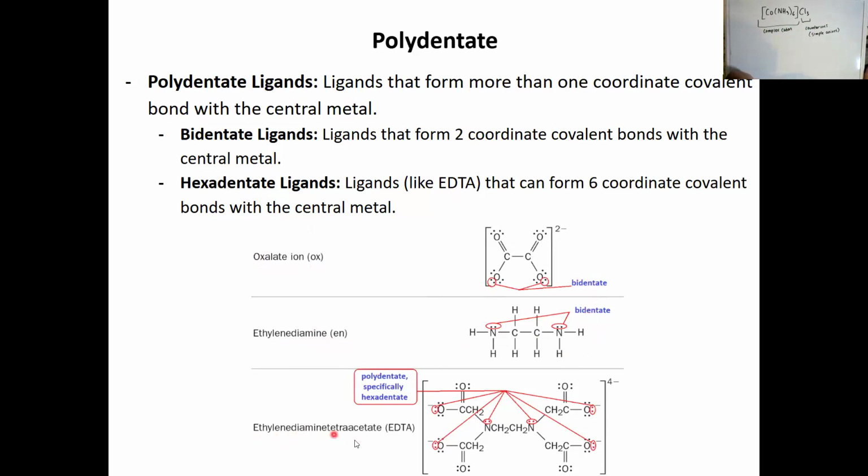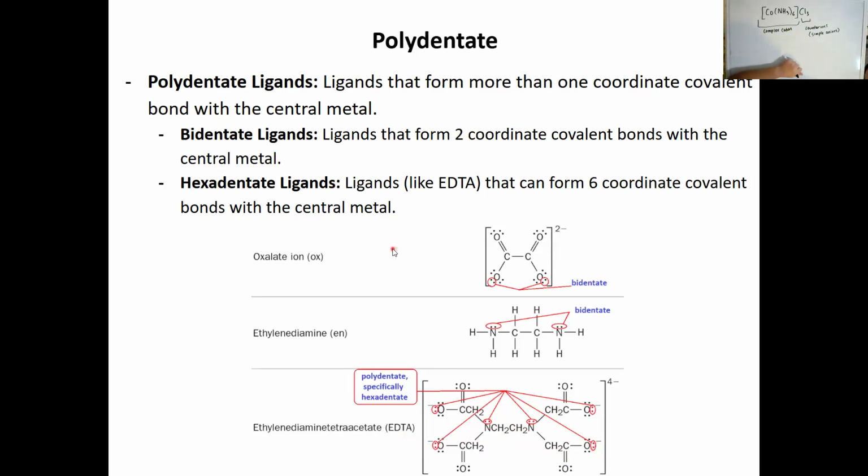The ethylene diamine tetraacetate ion is your only hexadentate ligand. This is going to have 6 attachment points. It's a pretty big ion. All of these lone pairs that are circled here are spread out enough that they can each form their own coordinate covalent bond with the central metal.